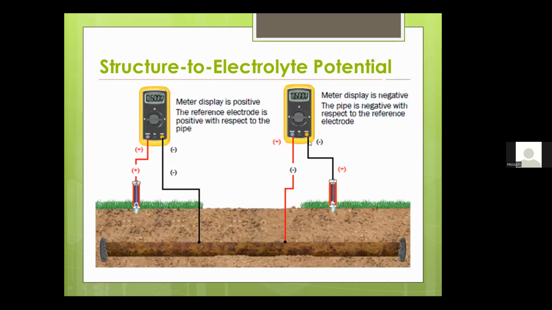But if you connect the positive terminal of the meter to the pipeline and the negative terminal of the meter to the reference electrode, and the meter shows a negative reading, this is the connection method we use in cathodic protection surveys. This means the pipe is negative with respect to the reference electrode, which is protected here.